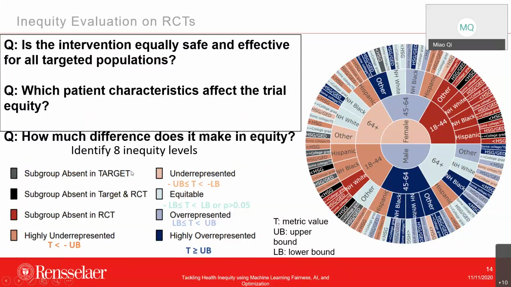This one actually can be fixed if the users allow us to do so. And the subgroup may be absent in both the target and the real clinical trial. And the subgroup may be missing from the clinical trial only. The subgroup may also be highly underrepresented, equitably represented, overrepresented, or highly overrepresented, depending on the selected upper and lower bounds for the different metrics.